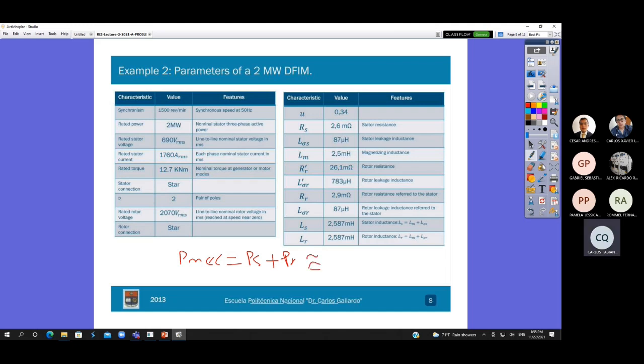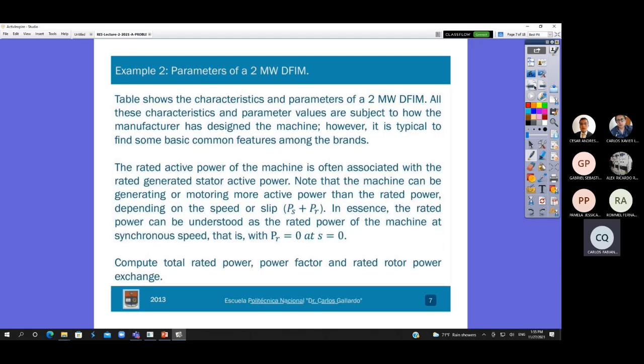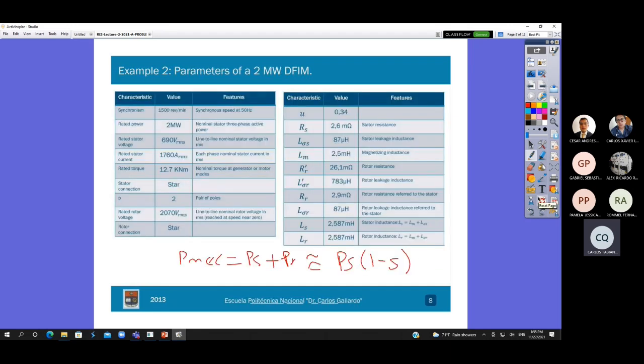And the approximation is equal to the stator active power times 1 minus the slip. According to this problem, I will have the slip. What is the stator active power? It is 2 megawatts.